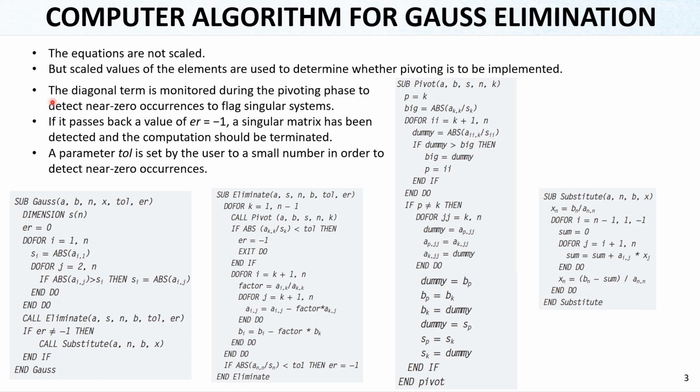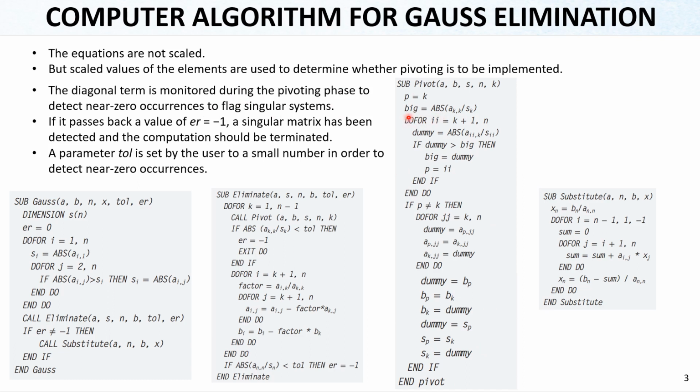After that, we will use the original terms. And the diagonal term will be monitored during the pivoting phase to detect near zero occurrences to flag singular systems. So rather than calculating the determinant, we will just check the diagonal terms. If these are near zero after or during pivoting, then we will say that there is a singularity in the system. And the pivoting is actually here in the algorithm.